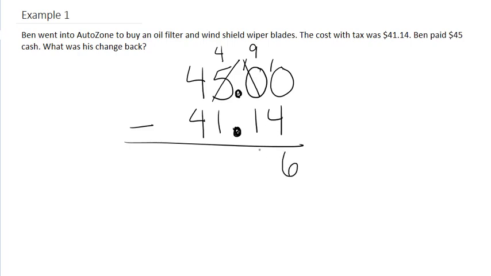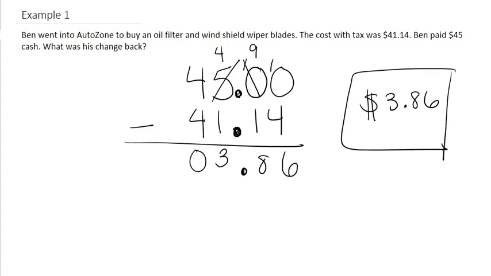Now we have 9 minus 1, which is 8. Then we're going to bring down that decimal straight down. So now we have 4 minus 1, which is 3. And then 4 minus 4, which is 0. So we're left with $3.86. And this would be the solution to this problem.